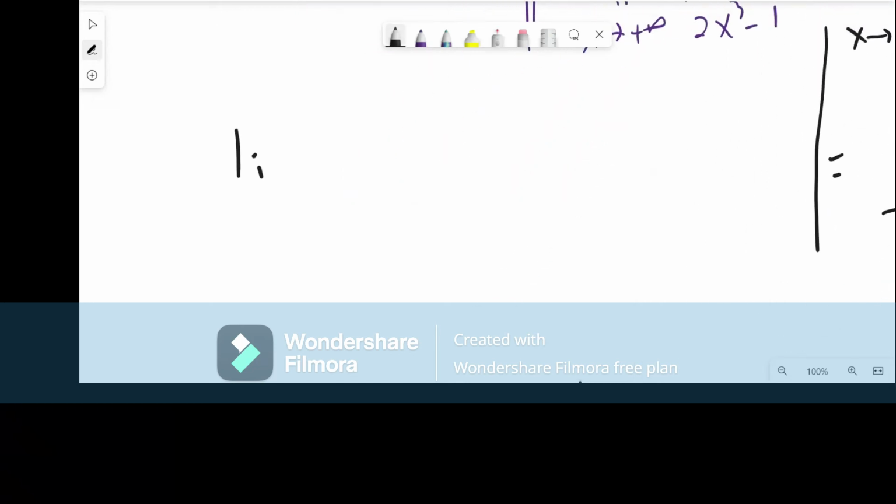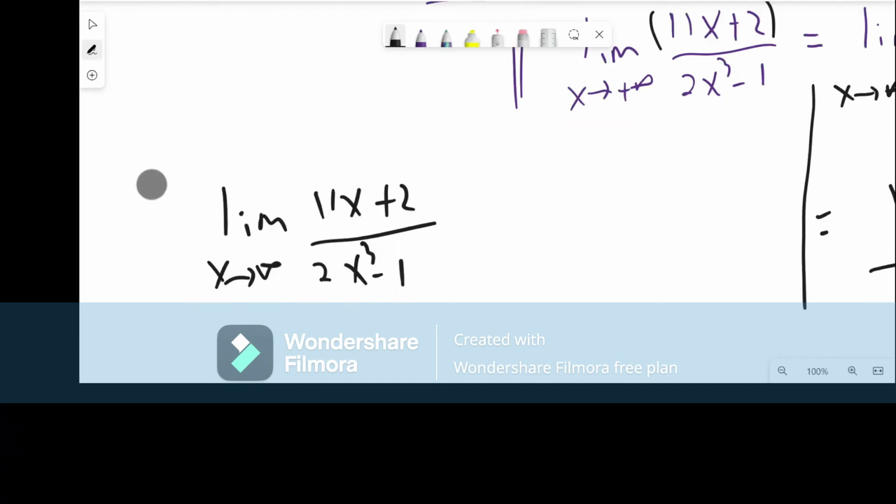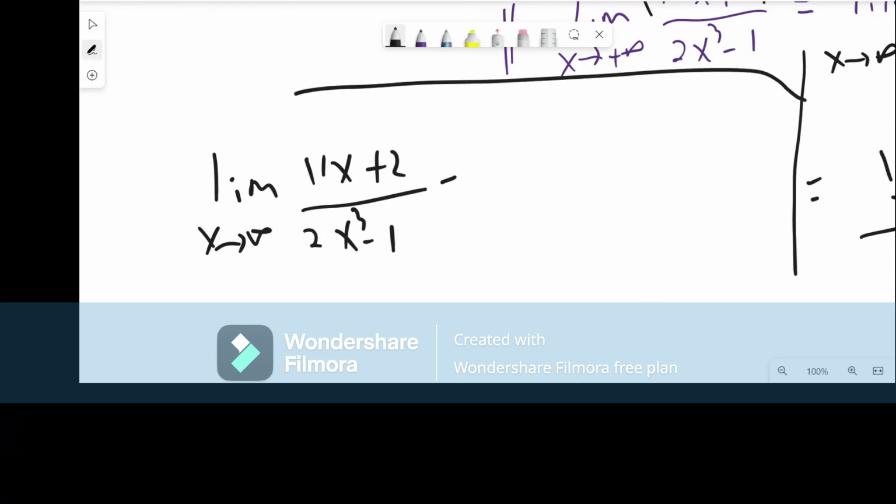So let me write this again. The function is (11x + 2)/(2x³ − 1), as x goes to infinity. I'm going to write this as the limit as x goes to infinity. Upstairs, I'm going to pull out a factor of x cubed, instead of x, so I have x cubed times (11 over x squared plus 2 over x cubed).